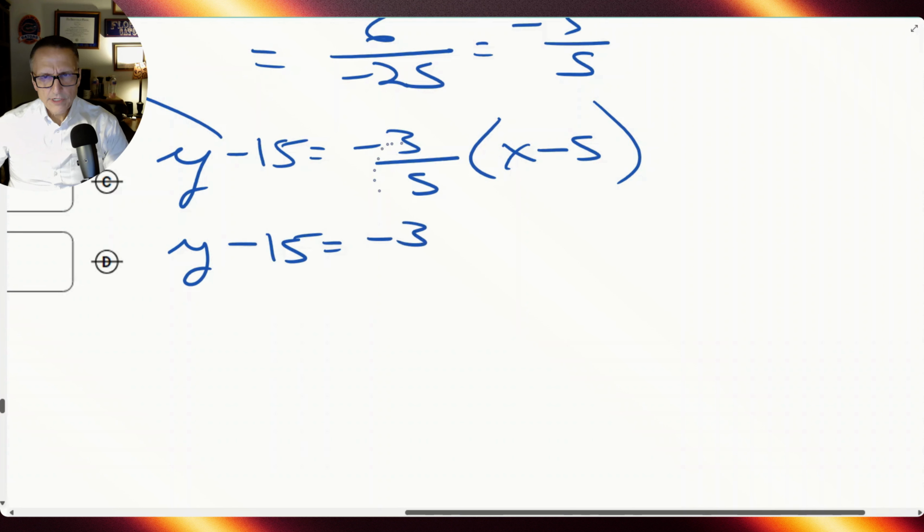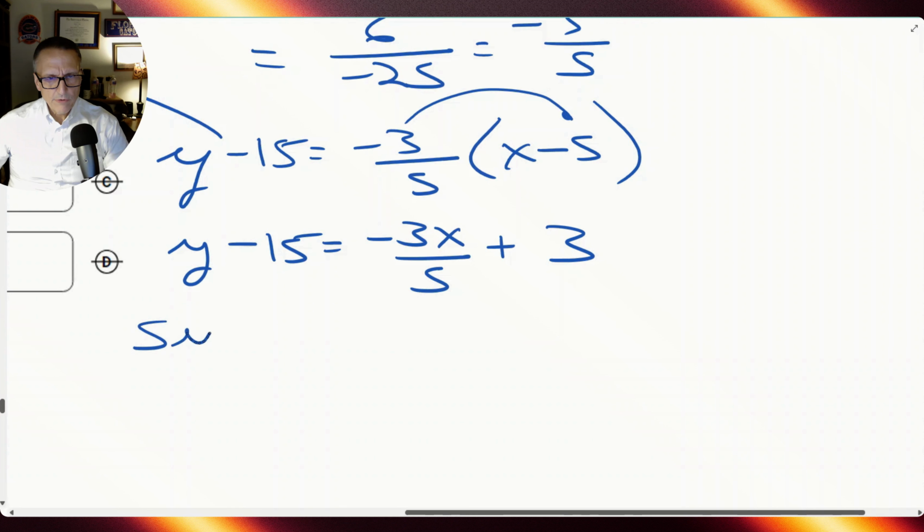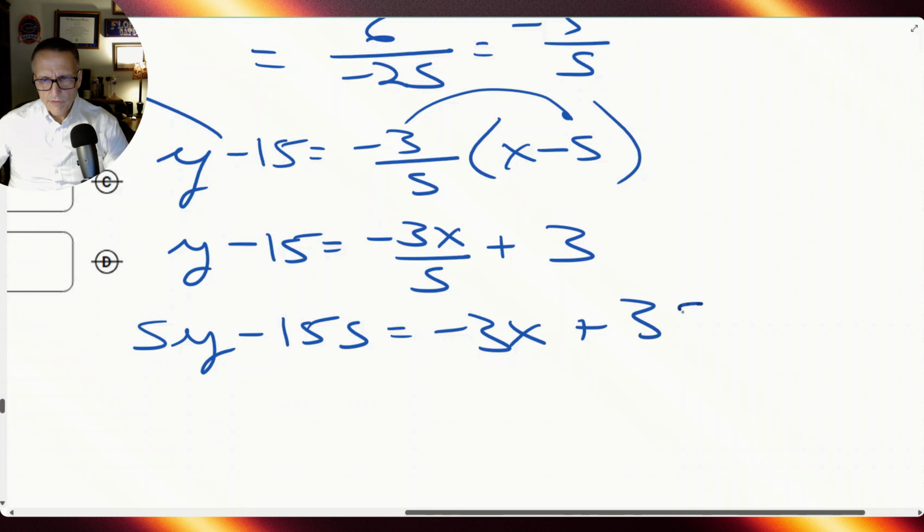Let's distribute this through the parentheses, giving me this, right, because these s's will cancel when I distribute this negative 3 over s to the negative s. Oh, and that'll change it to a positive, right? That's a negative times a negative. Well, I'm going to get rid of the s down here by multiplying everything through by s, and that would give me negative 3x plus 3s.